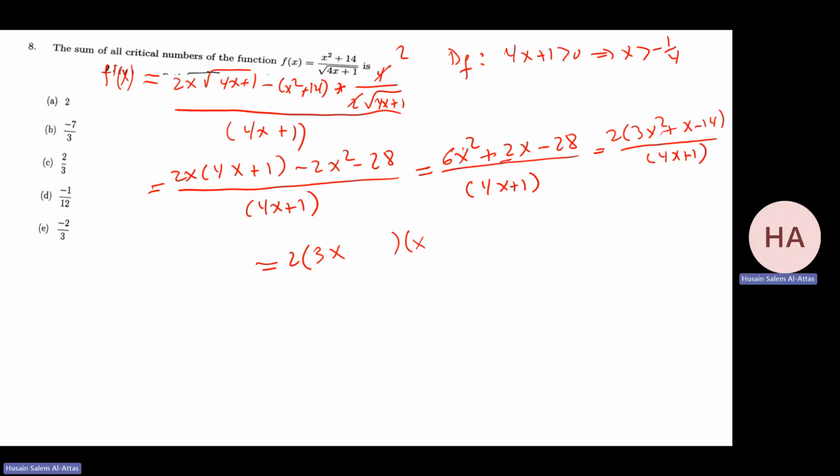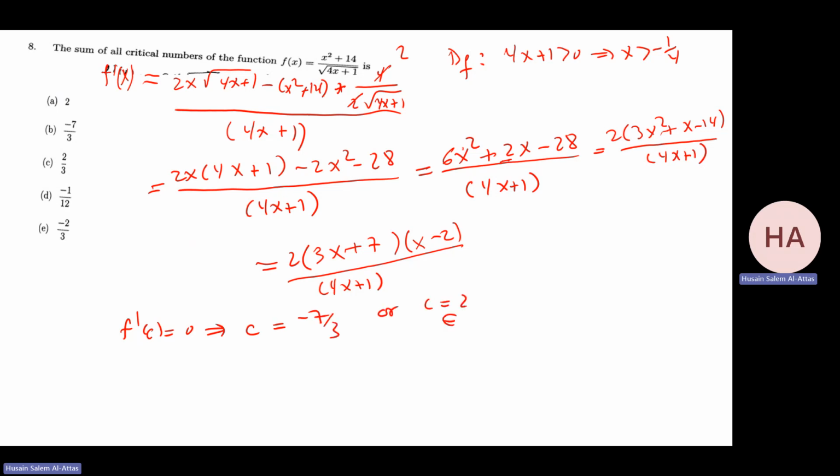I take out. Okay, so I have x plus 7, 3x minus 2. That will be minus 14, 7x minus 6x plus x, this is 3x squared, over 4x plus 1. F prime at c equals 0, so I have c equals minus 7 over 3, or c equals 2.